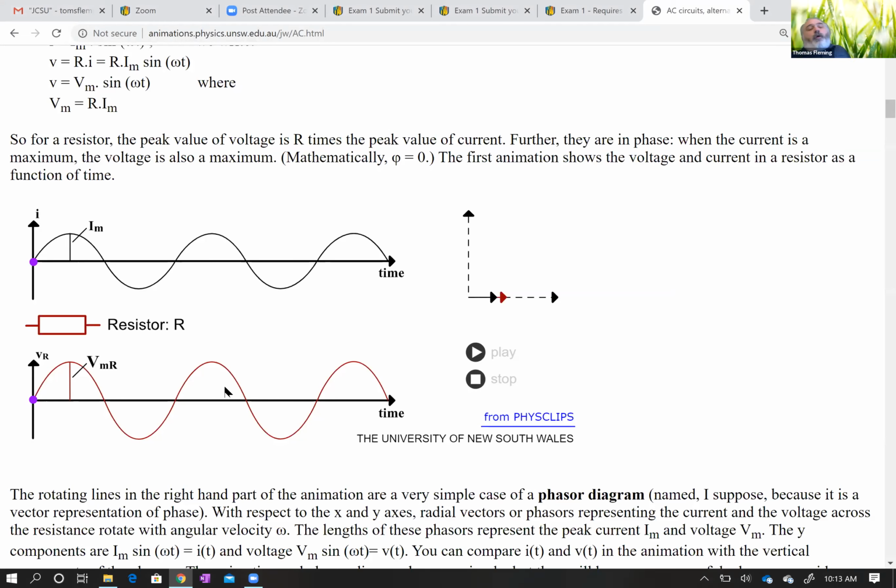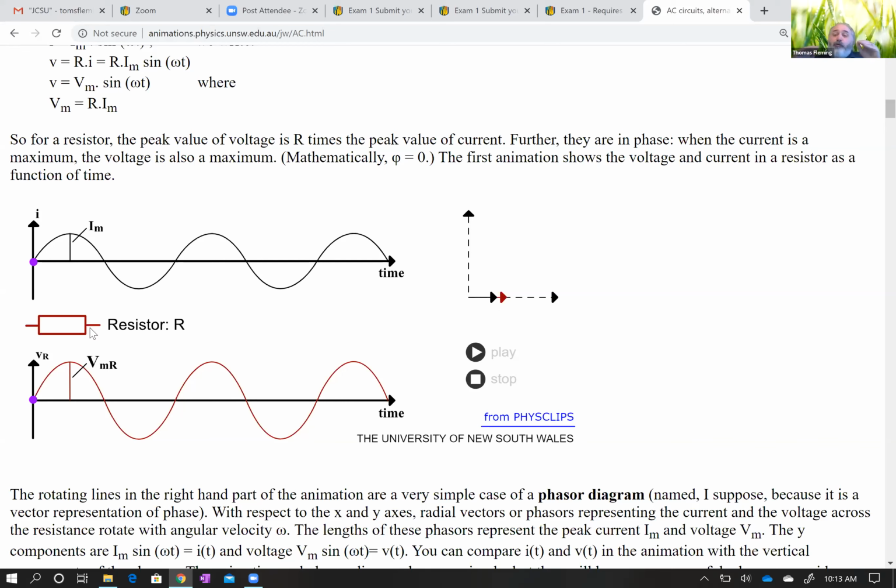There we go. So for a resistor, the current going in through the circuit, the resistor, and the voltage across the battery are always in phase. So if I was drawing phasors for both of those things at the same time, they would be two arrows that would both always be pointing the same direction. So you can see that that's what they've done in this diagram here, right? The black line is the current in the circuit, and the reddish brown line is the voltage across the resistor.